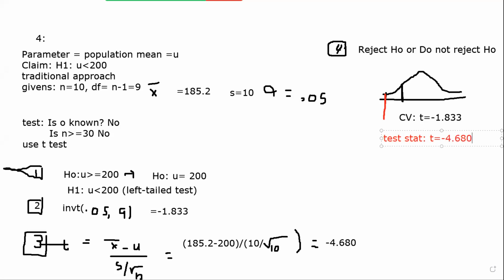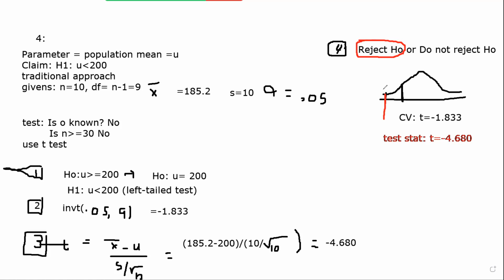And we can see from the diagram that your test statistic clearly falls past the critical value, which would lead us to reject H0.